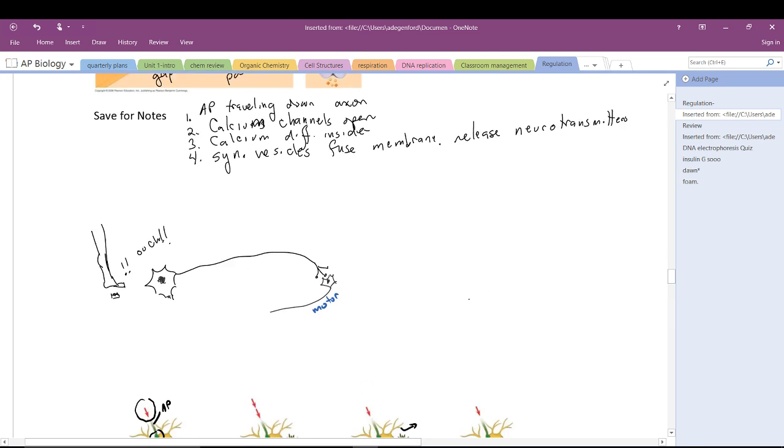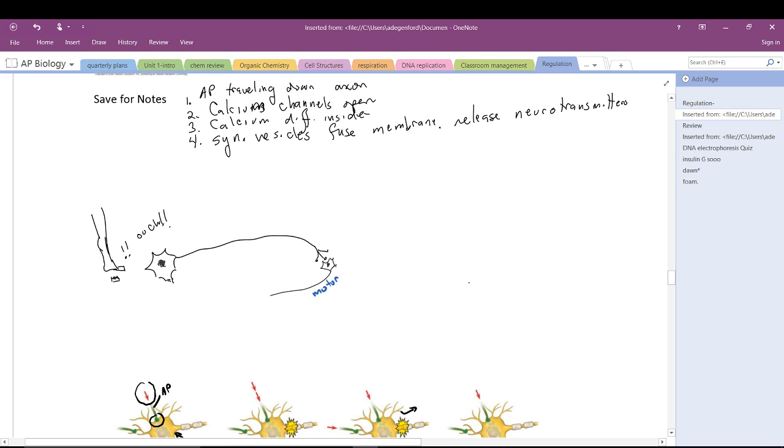So let's take a look at how we can put this together. So we have our poor person stepping on a Lego, and that's going to be our stimulus. And then, of course, eventually we're going to say ouch. But how do we get to the point where we say ouch, and then how do we pull our leg back? Well, let's go ahead and label that. That's our stimulus, the pain.